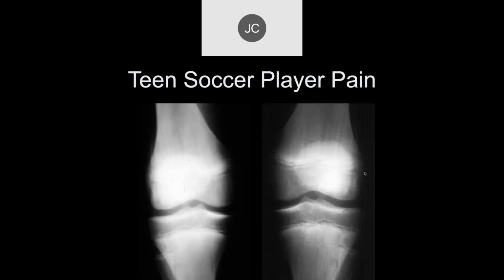Okay, teen soccer. Kid who had intermittent knee pain bilaterally for 3 years during soccer season. There's some cortical irregularity along the medial metaphysis of the femurs. I'm not sure if that's a finding.